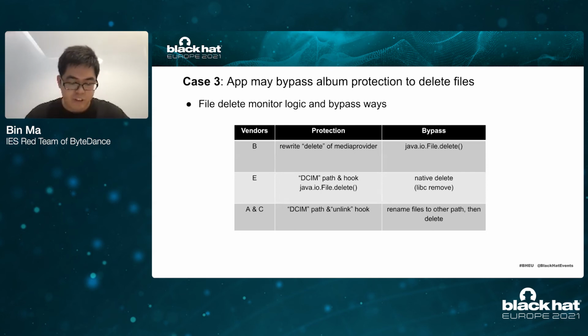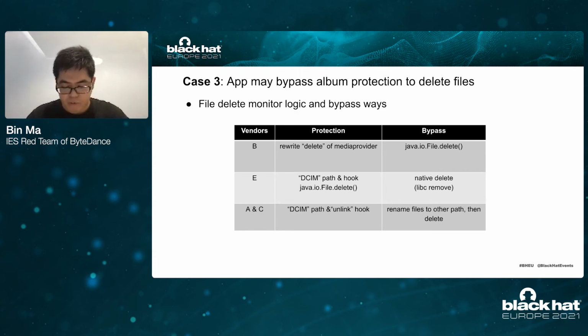Vendor E checks the DCIM path and hooks the delete to identify malicious behavior, but ignores the native delete API, such as libc remove.